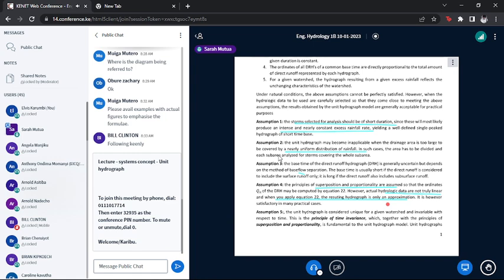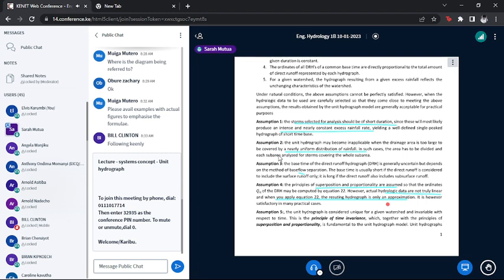Based on this knowledge, because this hydrograph is used when we are doing rainfall runoff modeling, when we calculate these hydrographs, because of this background information and the assumptions we have made, we know that the resulting answer is not accurate.